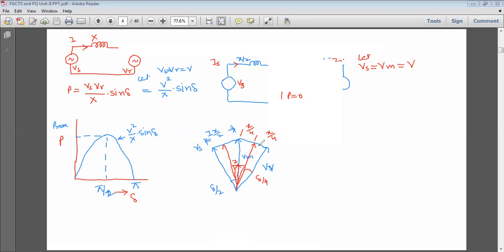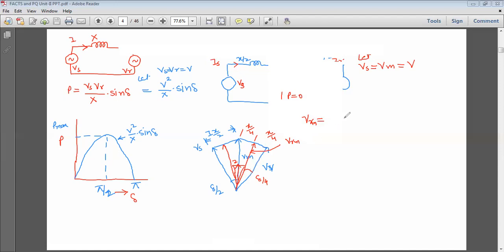Now suppose this voltage is some voltage. We'll give the name VRM. So VRM is equal to what value?